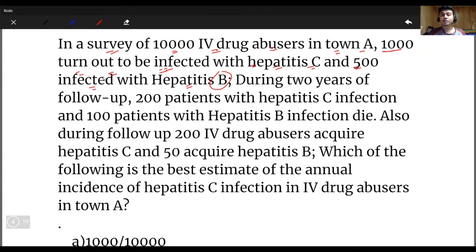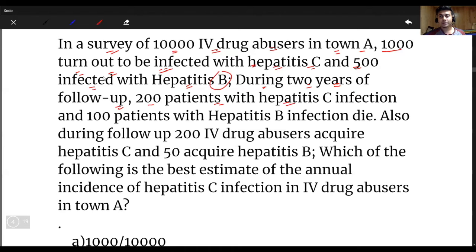Prevalence of hepatitis C is 1,000, and for hepatitis B 500, because these are chronic diseases, right? Once someone acquires hepatitis C or B, this is present for a long period of time. Chronic disease.